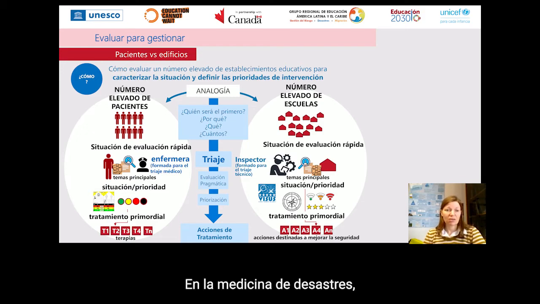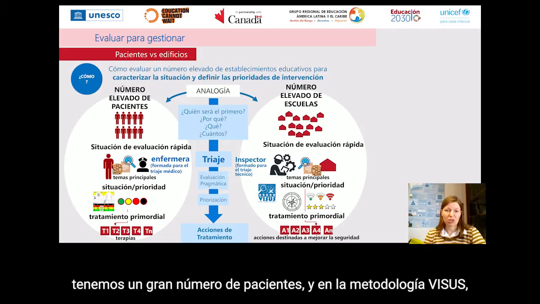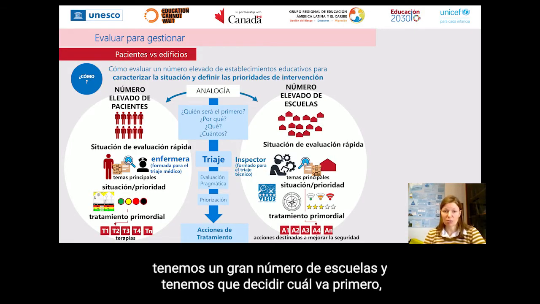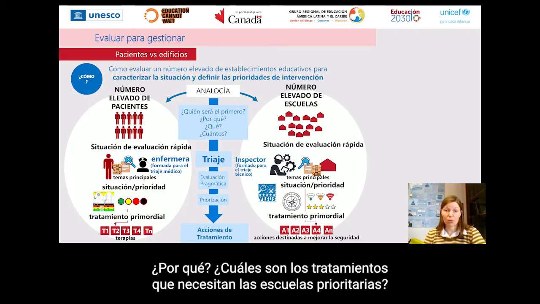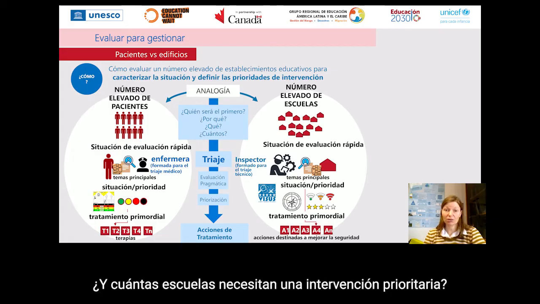So, in disaster medicine, we have a large number of patients, and in the Visus methodology, we have a large number of schools, and we need to decide who first, why, what are the treatments that the priority schools need, and how many are the schools that need priority intervention.